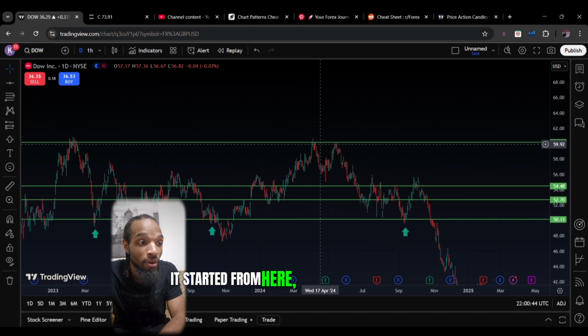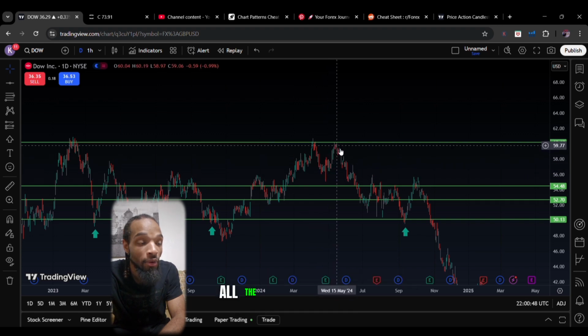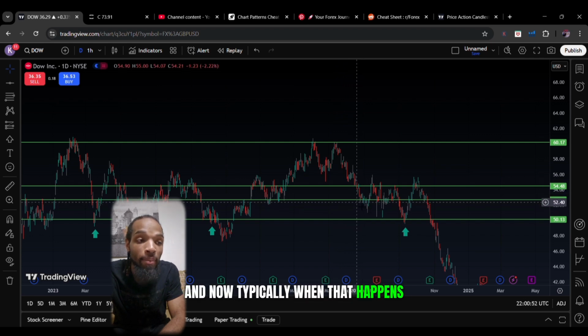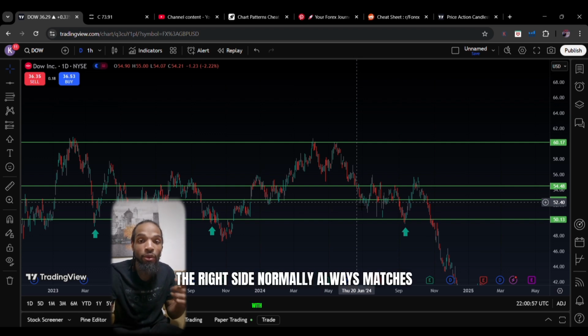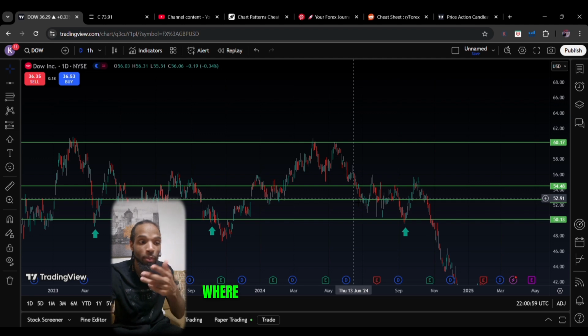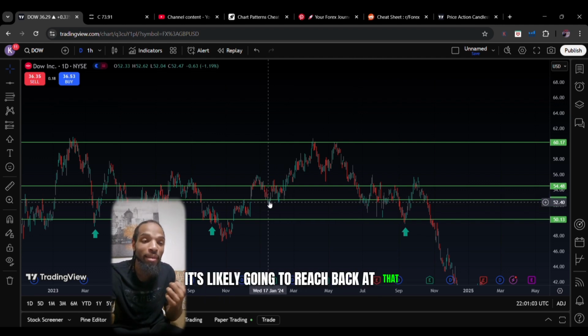It started from here, came all the way up, hit that middle point, all the way back up again. And now, typically, when that happens, the right side normally always matches with the left side. Where price was once before, it's likely going to reach that point again.